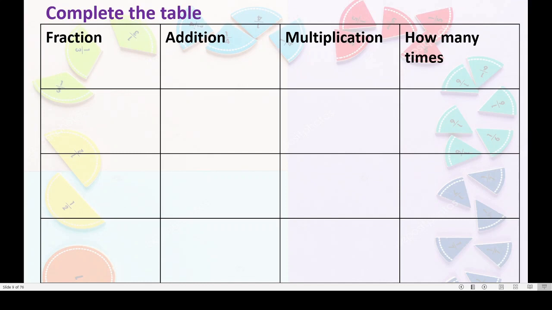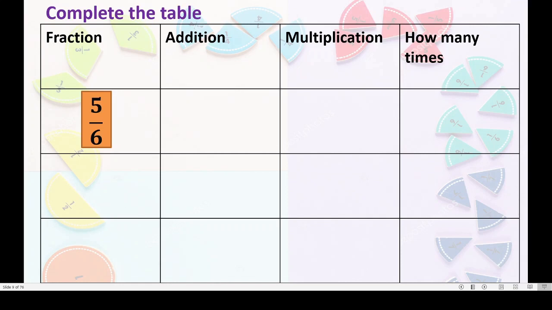See here. Complete the table. The same fractions we have to write in addition form, then multiplication form. Then we have to tell how many times we have multiplied. Okay. See the first example, 5 upon 6. Yes, you know what to add here and how to add.